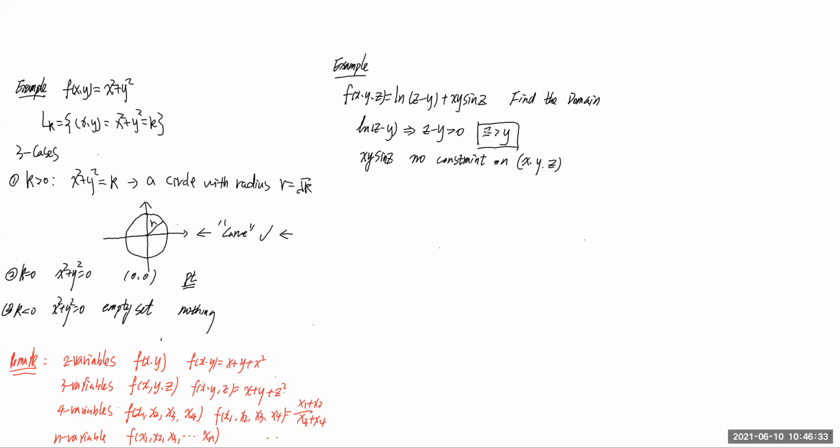Let's first draw the picture in the YZ plane. This is Y, this is Z, and this is Z equal to Y. So the domain is this part in the YZ plane, and for any X, the picture is like this.